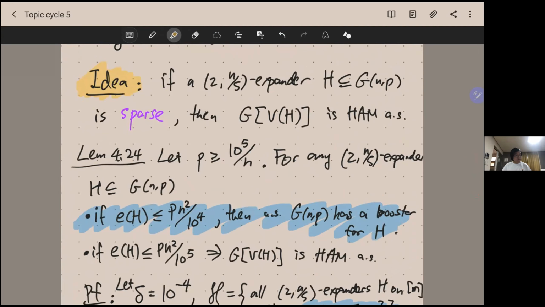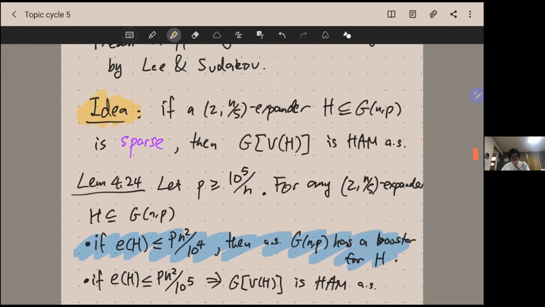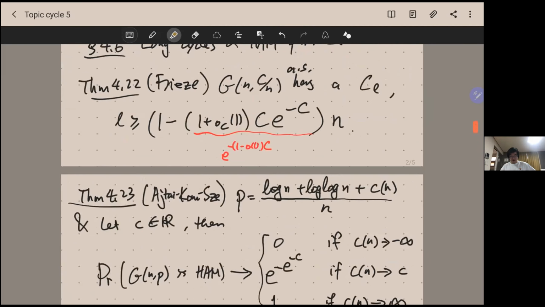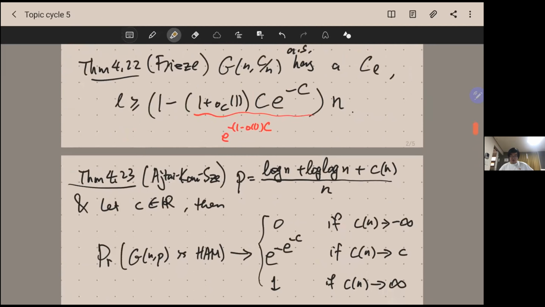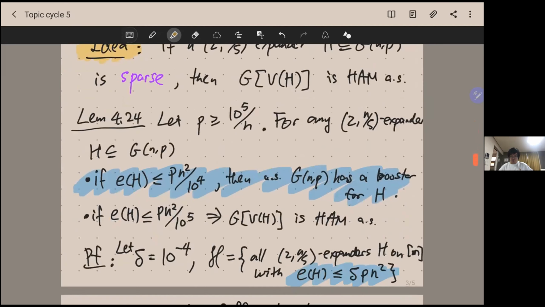Now, good. Fine. This tells us that if we have a sparse expander, then on top of that, G(n,p) is Hamiltonian. How do we use it to prove 4.22 and 4.23? Okay, keep this Lemma 4.24 in mind.